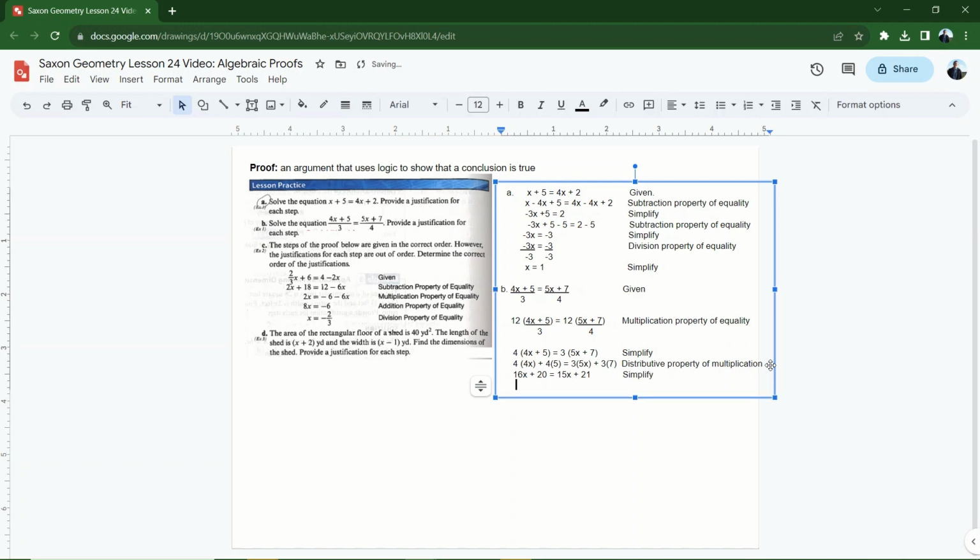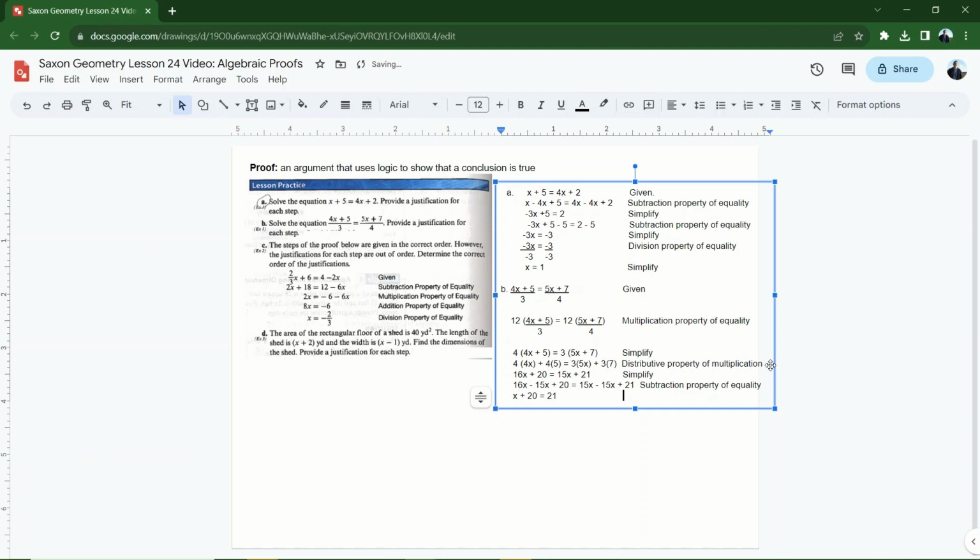Okay, next I'm going to subtract 15x from both sides. 16x minus 15x plus 20 equals 15x minus 15x plus 21. That is the subtraction property of equality. That's going to get my x term on a side by itself. So 16x minus 15x is just x plus 20 equals, let's see, 15x minus 15x is going to cancel out, equals 21.